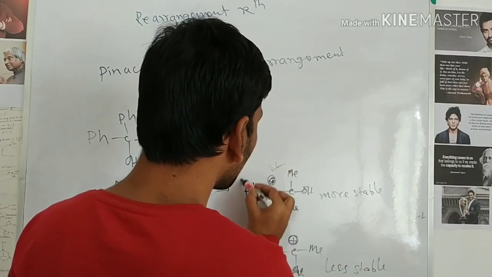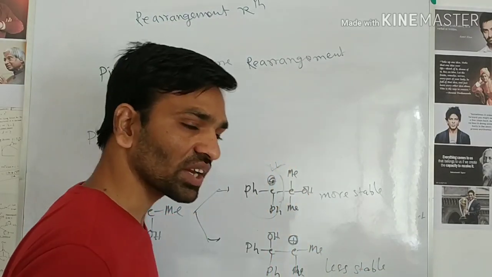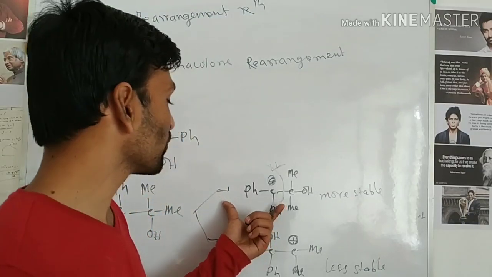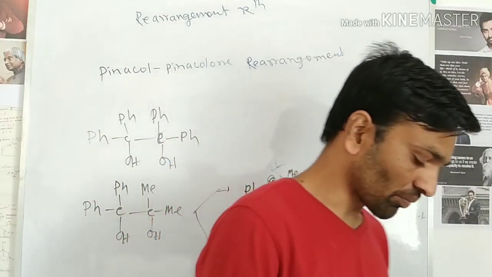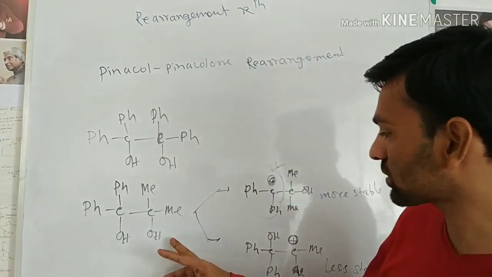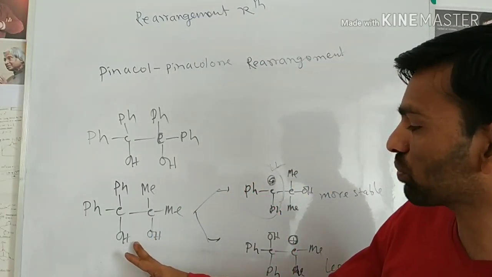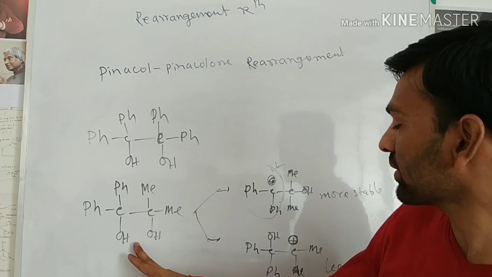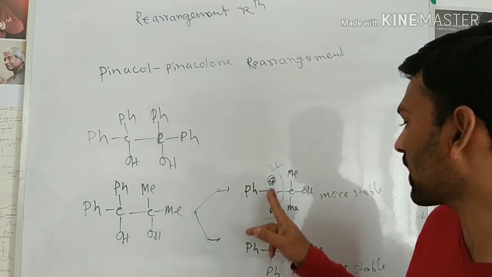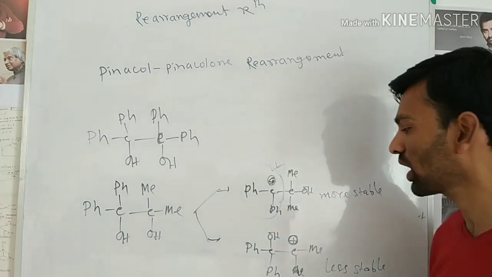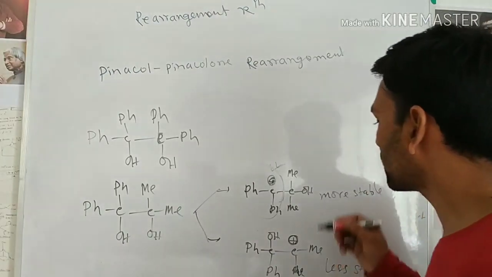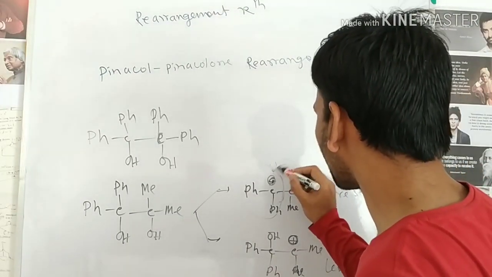This carbocation is stabilized by the phenyl ring, and this is the more stable. So this OH group is first protonated and leaves to form the carbocation, and this methyl shifts here.